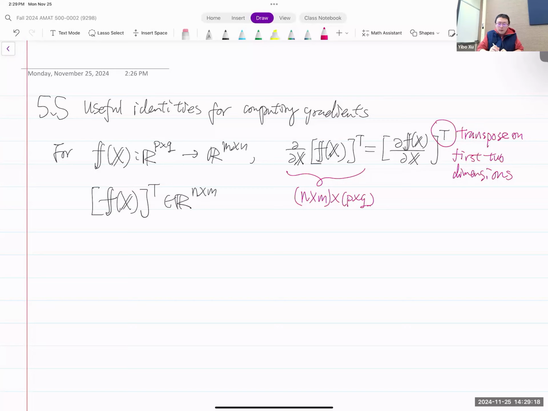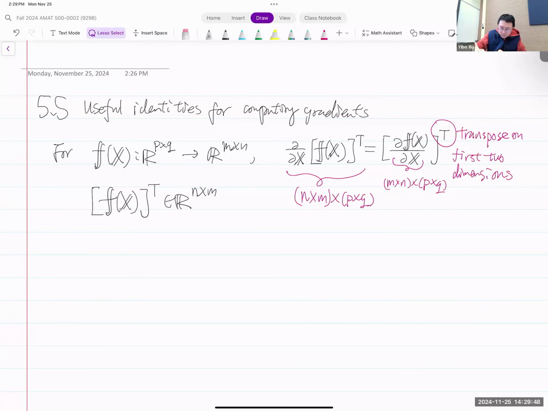So here this is the transposed matrix output, and then you are doing the derivative. So this is n by n by p by q. But now if you look at del f del x, the result here is n by n, because the output of little f is n by n, and then you do the Jacobian tensor, which is p by q afterwards.